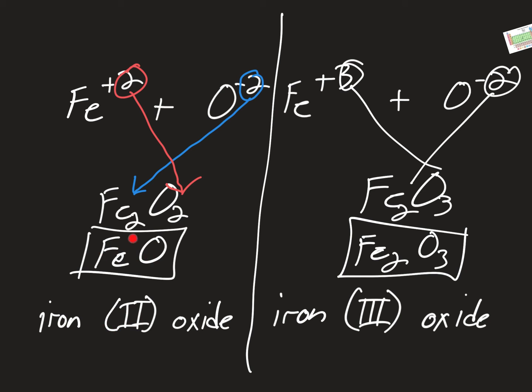And so it has nothing to do with your final formula other than that is how they're combined. But the name part, you need to go all the way back to which charged cation you were using for the transition metal. So for iron, was I using iron 2 or was I using iron 3? And that has to be in the name, okay?